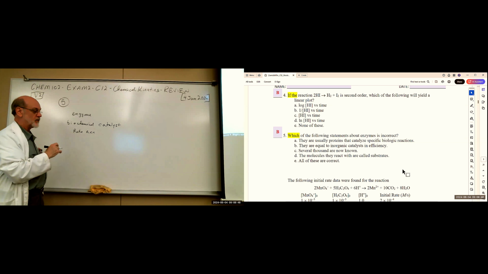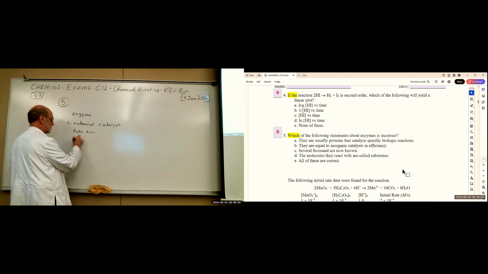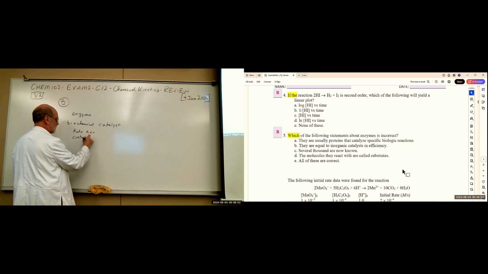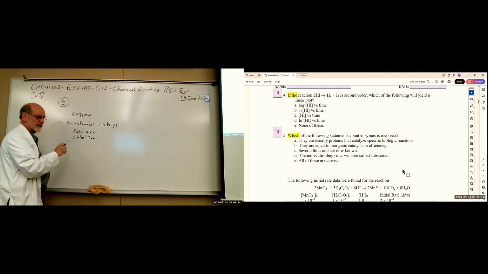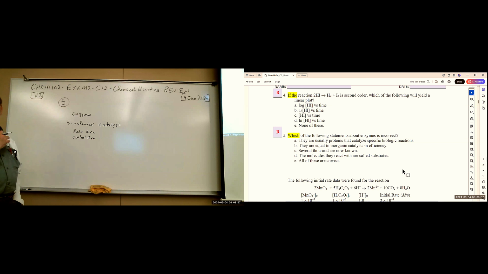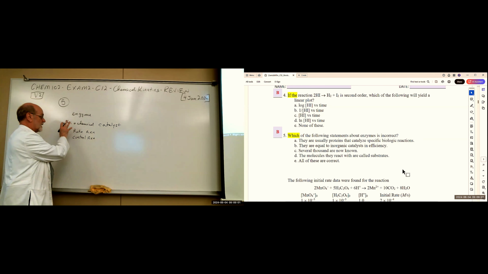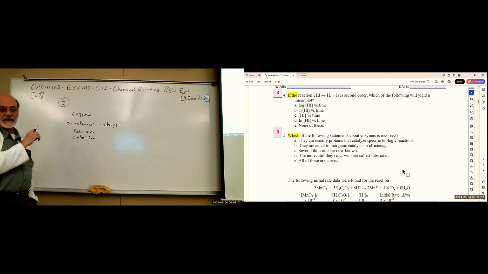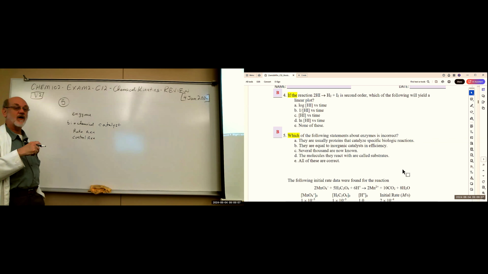But they also control reactions. Whereas inorganic catalysts work the same forward and backwards. It doesn't matter. They don't care. But an enzyme will catalyze the reaction in one direction and not so much, or not at all, in the reverse.